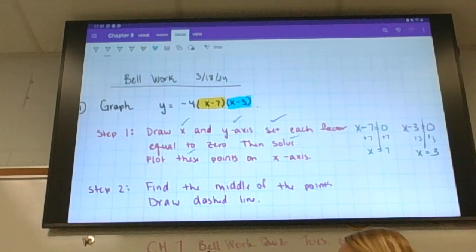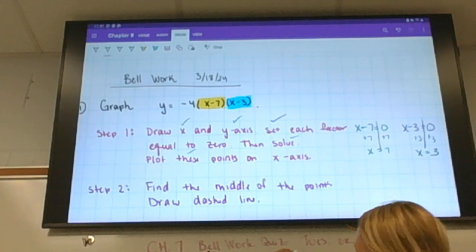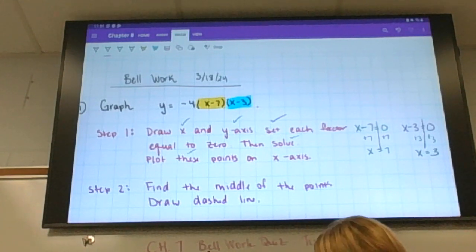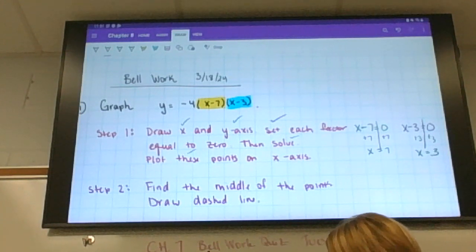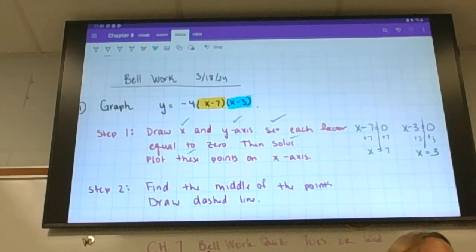So I'm going to put a point at 7 and a point at 3. That's what we worked on Friday. Setting it equal to 0, solving it, putting 2 points down. Let's see a thumbs up if we're ready for step 2.